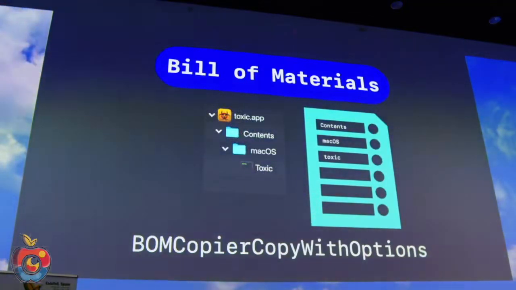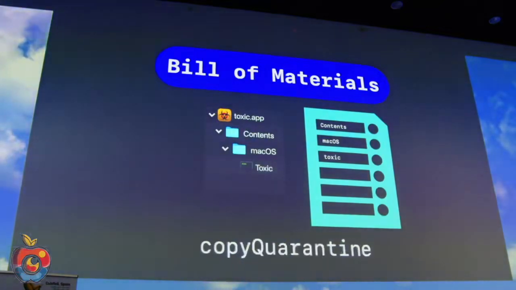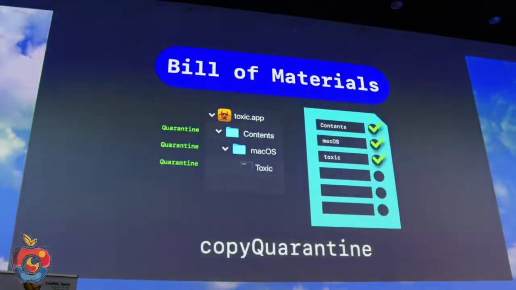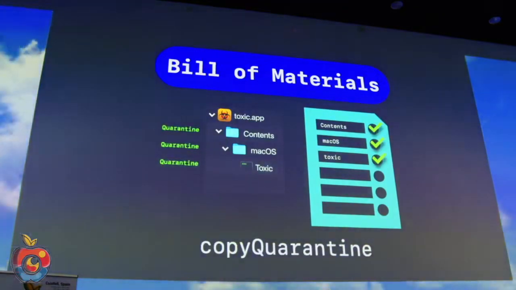However, the application would continue to unzip and operate normally. So when the copy quarantine function references the bill of materials and applies the quarantine attribute, it ends up missing the app directory itself, since the BOM was in some manner out of sync.